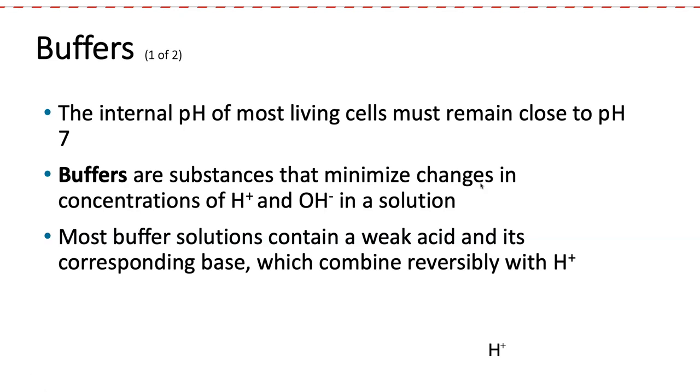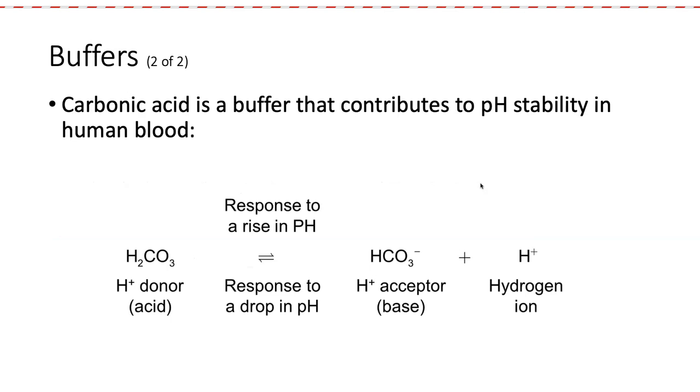Our body really likes it to be around 7, so our body produces things called buffers, and this just stabilizes the concentration of the protons and the hydroxide ions. So buffers are important. Most buffers are weak acids, and they can balance everything out. Carbonic acid is a common buffer in human blood.